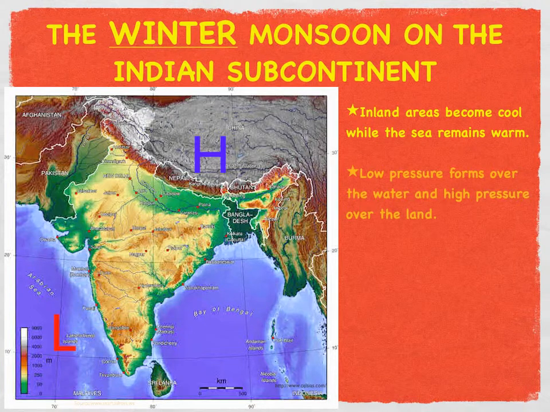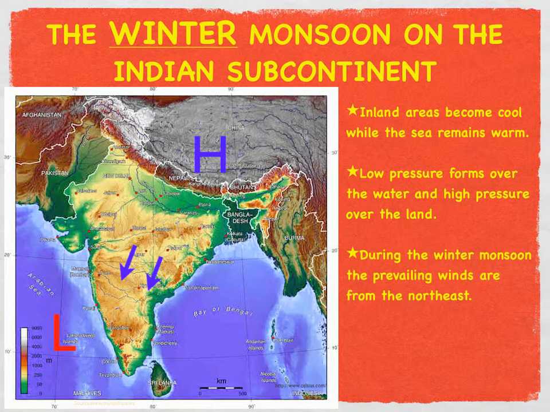Because air flows from higher pressure to lower pressure, wind flows from the land to the sea. This causes the prevailing winds to be from the northeast. This is known as the winter monsoon. Winds are out of the northeast and bring mostly cooler, dry weather to the Indian subcontinent.